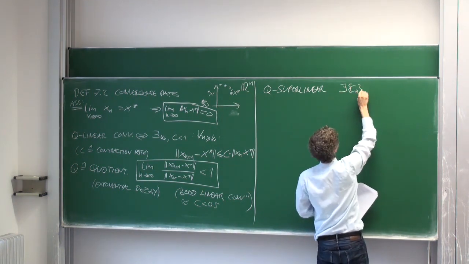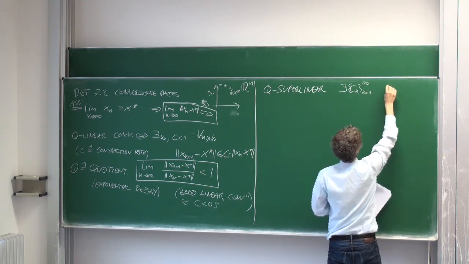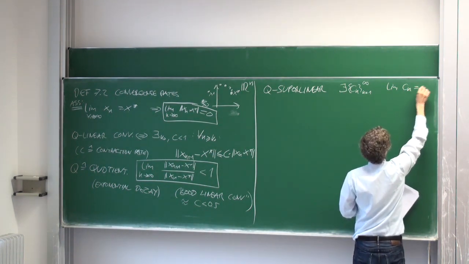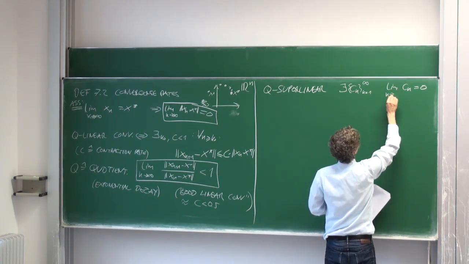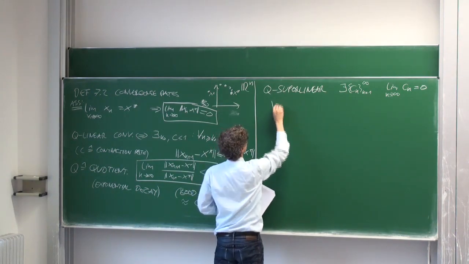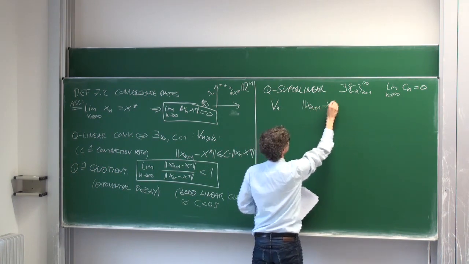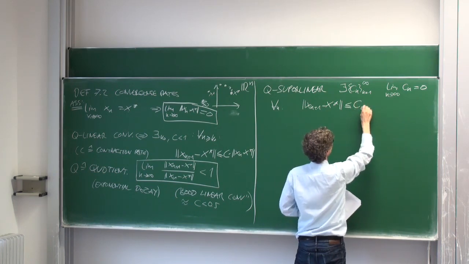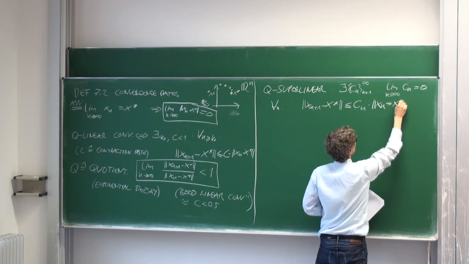So it's a sequence CK, K starting at 1 going to infinity, which has also the property that the limit of CK is equal to 0 for K going to infinity, and we have the property that for all k, the norm of xk plus 1 minus x star is smaller or equal to CK times the norm of xk minus x star.